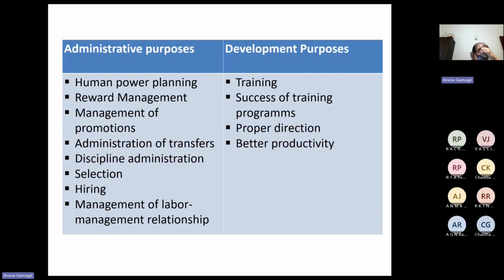Suppose you were asked to conduct a training program for your sales representatives to increase sales volume. Now you have performed it. You have given a training program for your sales representatives. Now your boss asks you to measure the level of success of the training program.